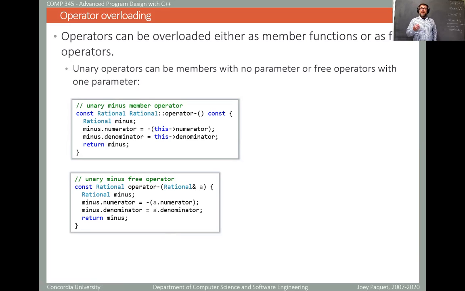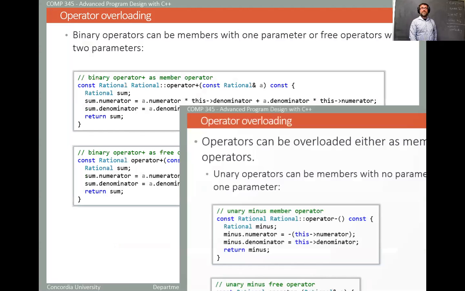So if you declare operators for your own classes, you can define them as members of your class or as free operators that operate on an object of your class type. We'll see later that there are some advantages and drawbacks of each of these.